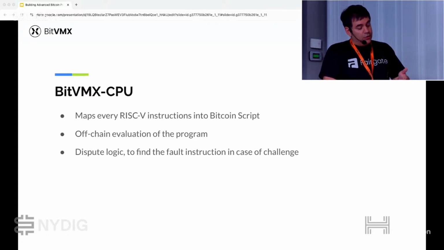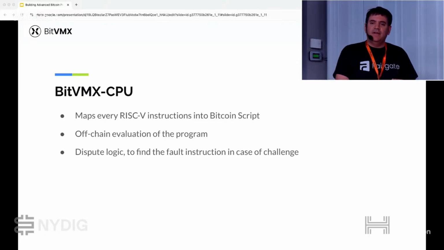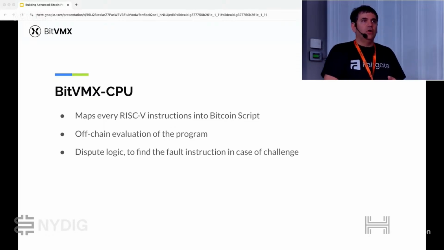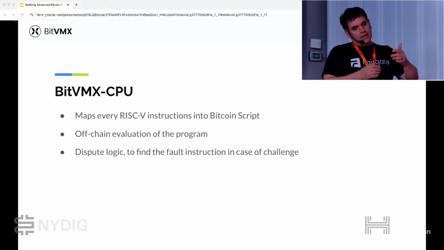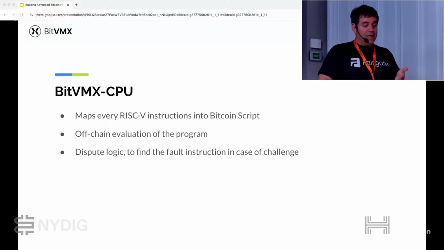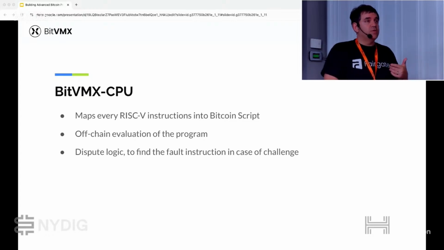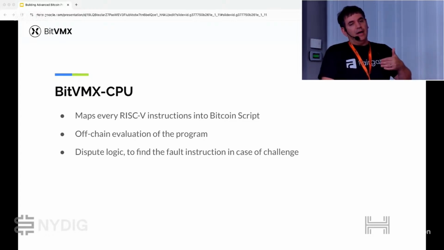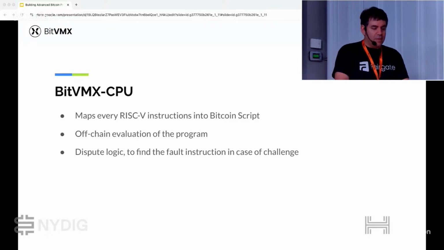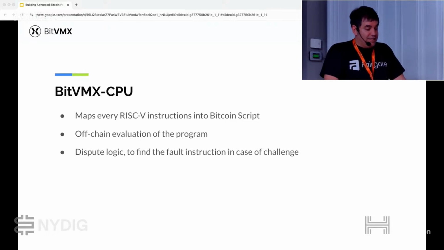On top of that, this module is responsible for handling the logic of all of this dispute, trying to find the dispute step and to choose, in the set of possible challenges, the ones that may be required to challenge an operator in case it's malicious. It also helps the prover, if it's the honest one, to respond in the right way to actually win the challenge if it's badly challenged.